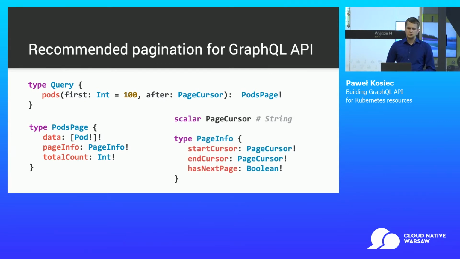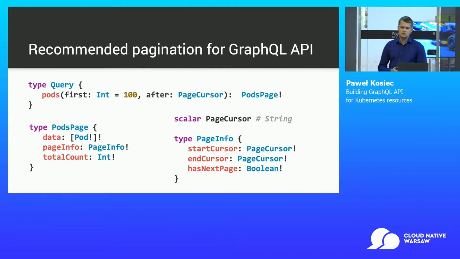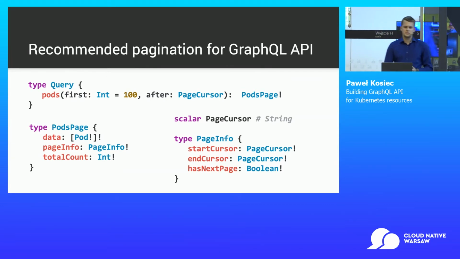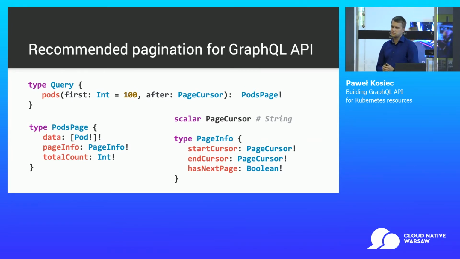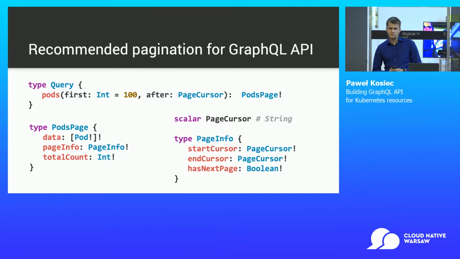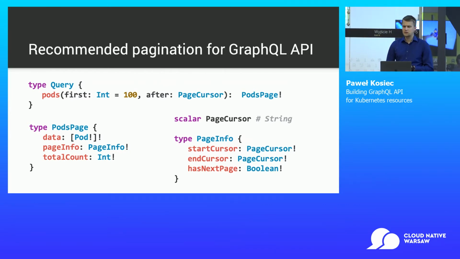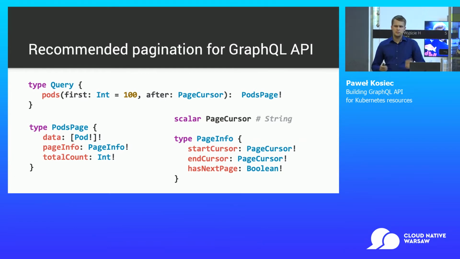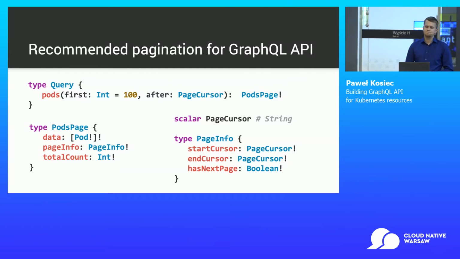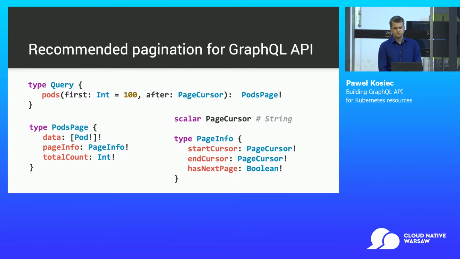Page info contains a start cursor, an end cursor, and a boolean for whether it has another page. And I think the total count is also very handy to have. This is the implementation we should look at while developing a GraphQL server.